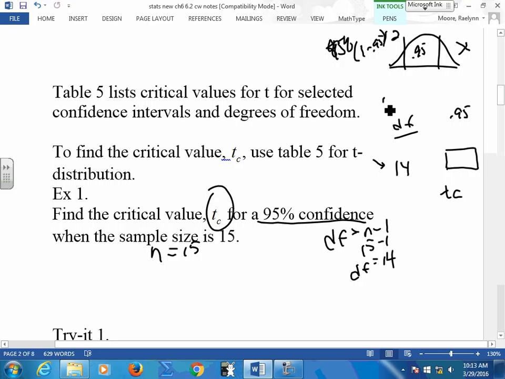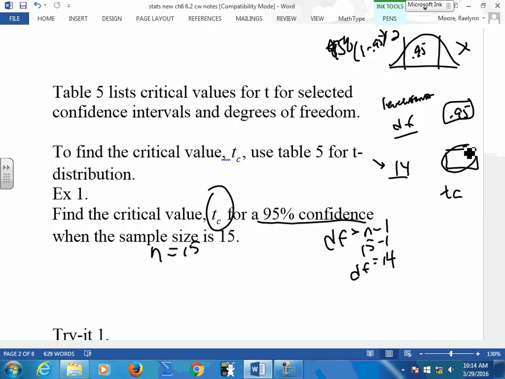This is labeled level of confidence. We find a 95% confidence level. We find your degrees of freedom. There's your TC. It's a lot easier than finding your ZC. They're always positive, just as your ZC was always positive, even though we looked up the negative value.